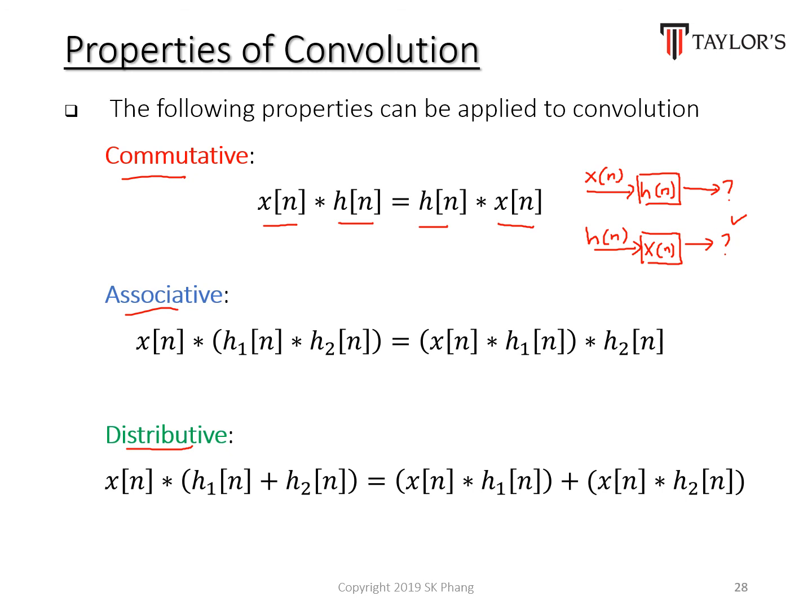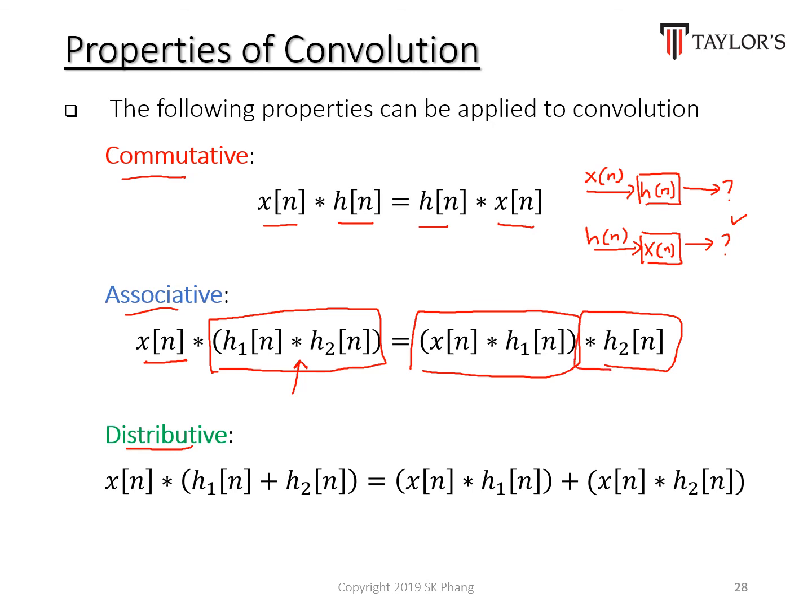So the second law is the associative law. It says that when x[n] convolutes with two different signals or systems convoluted together, it is the same as convoluting with the first system first, then convoluting with the second system. So what it means is this.